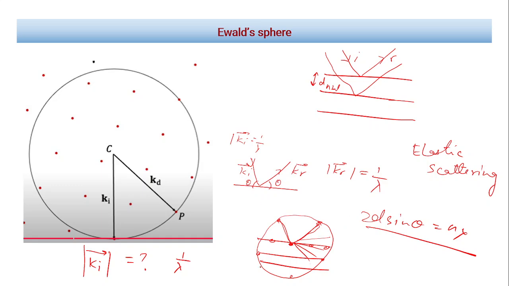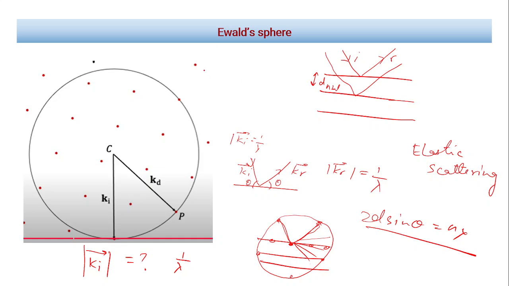This is what we call the Ewald sphere, a concept introduced by a person named Ewald. When you use XRD in an experiment, you check, for a given wavelength, which points you can reach.